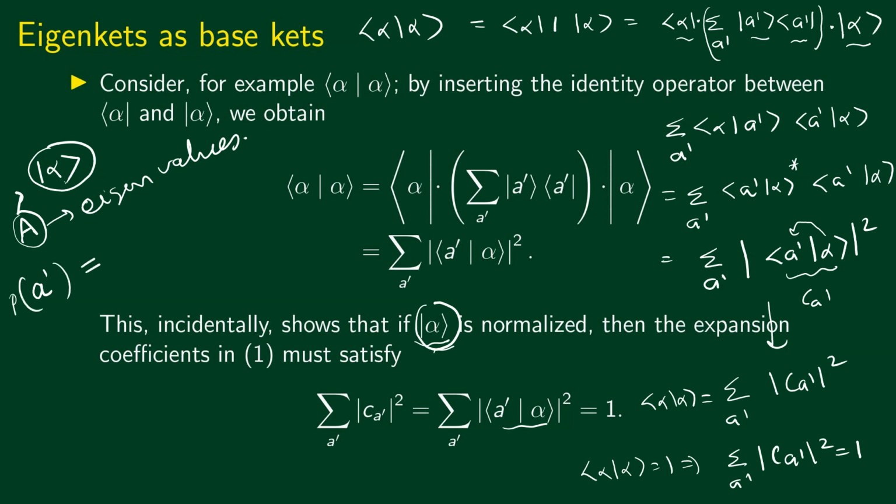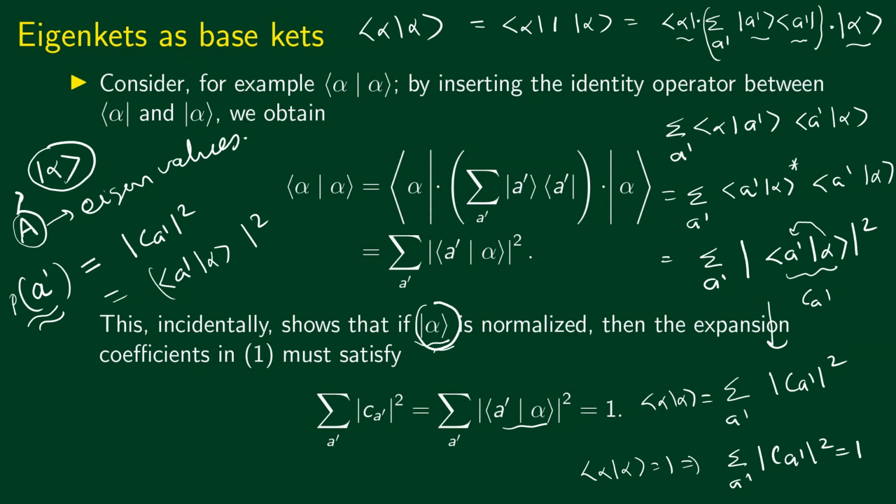Quantum mechanics says that this is equal to modulus Ca prime square. Or we can also write this as, in order to find the probability for a particular eigenvalue, quantum mechanics says that this modulus Ca prime square can be written as bar A prime ket alpha modulus square.